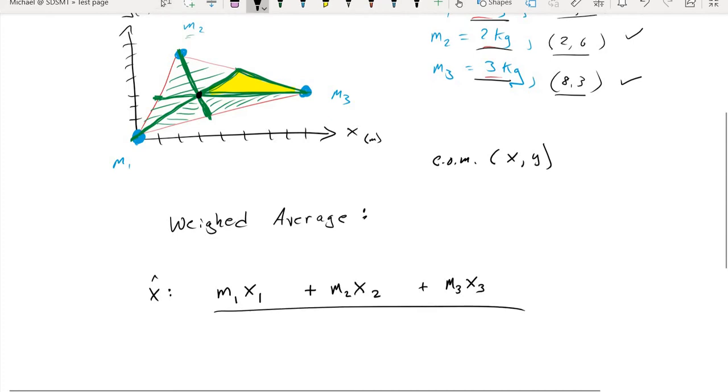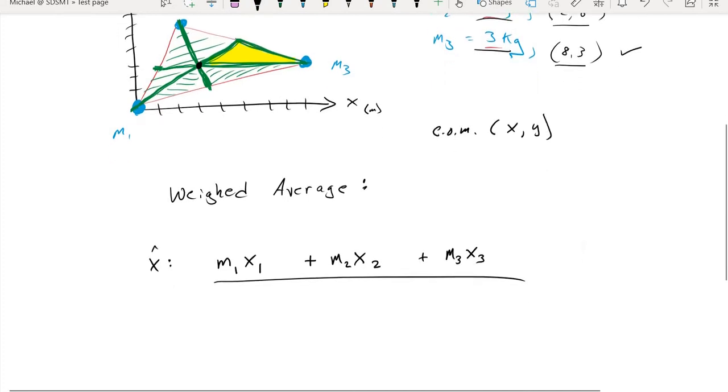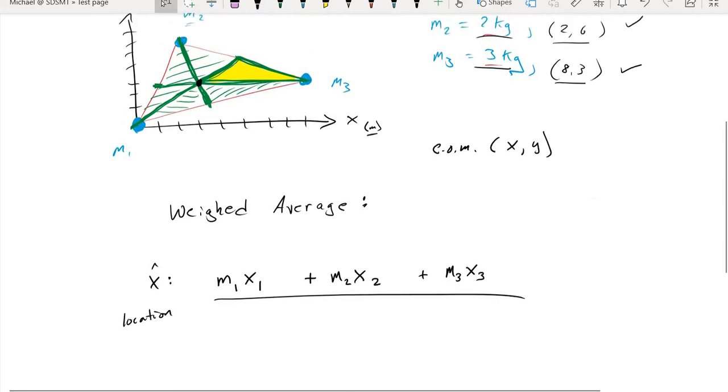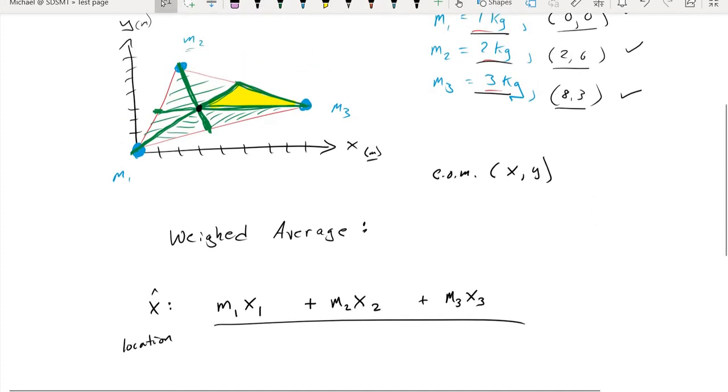The next step is to divide. Well, what are we going to divide by? We can't just divide by the number of terms. It would make sense to divide by 3, but if we do that, we get the wrong units. I'm looking for a location on the x-axis where my center of mass needs to be located. So I need the units to be in, I guess we've decided meters here.